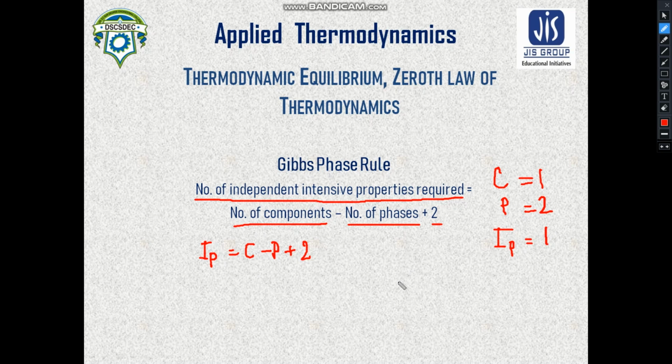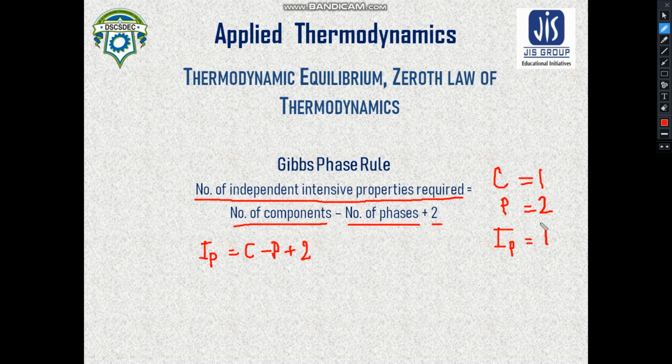Whenever the number of phases is increased, the number of intensive properties required to specify that state becomes less. For the water-steam mixture, we know the boiling point of water is 100 degrees Celsius.